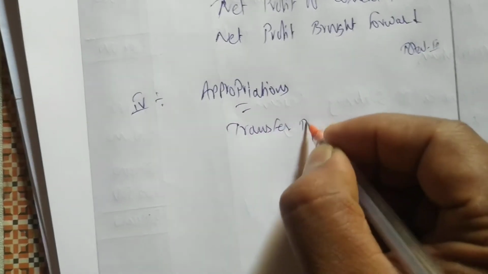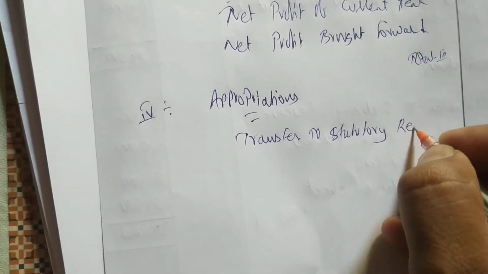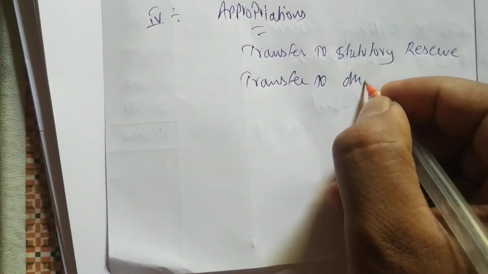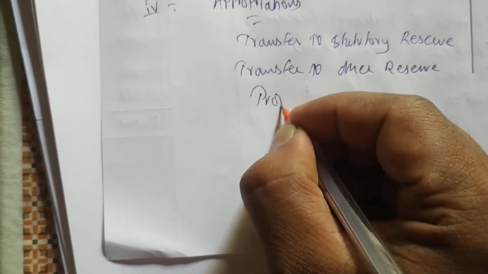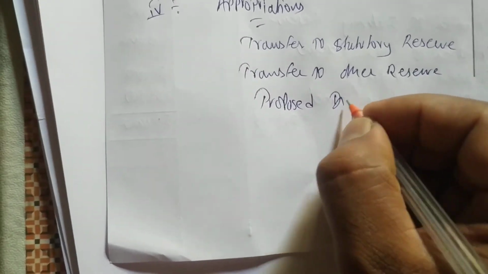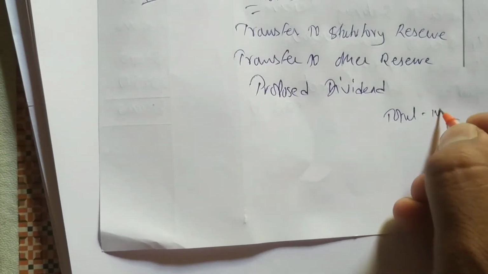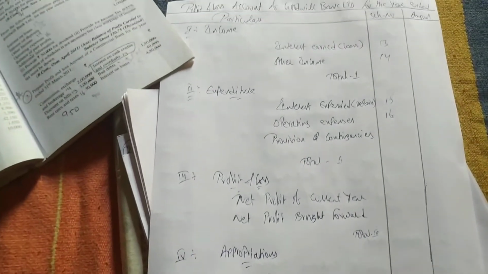This is compulsory, you have to transfer statutory reserve. Then we write transfer to other reserve. Next, proposed dividend. Okay, then we write total 4. So this is our format. So we have written the entire format.